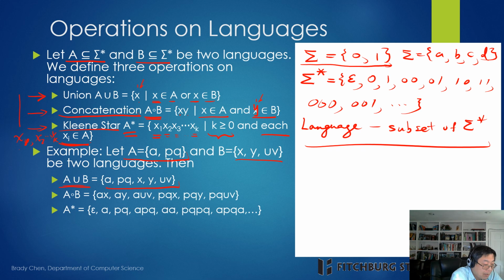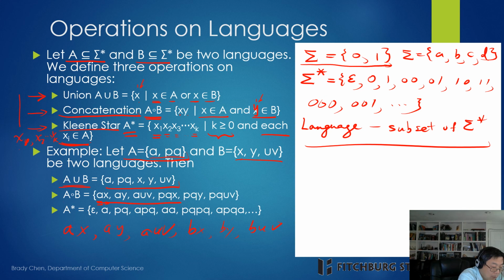It contains the elements which are either from the language A or the language B. Now the concatenation of A and B is: the first part comes from A, the second one comes from B. A contains two strings, so it could be a combined with B: ax, ay, auv. Then for pq: pqx, pqy, pquv.